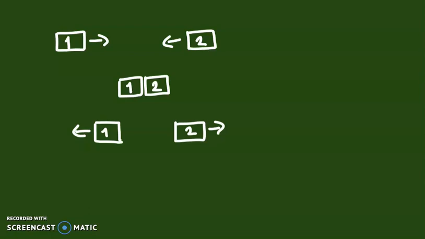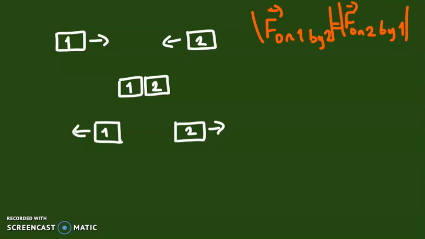During collision, the force on object 1 by object 2 equals the force on object 2 by object 1. In terms of magnitude, they are equal. They are opposite, and they act on different objects.